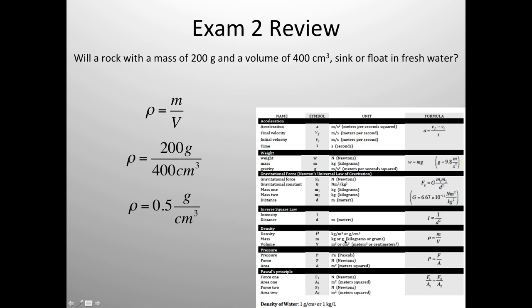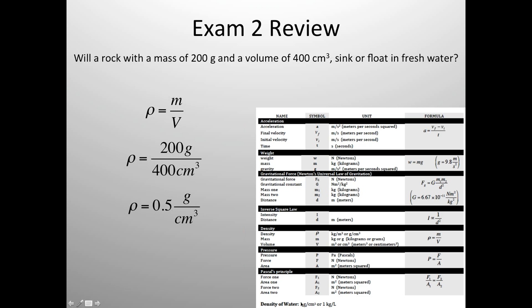And that will depend on if the mass is given in grams or kilograms, or if the volume is given in meters cubed or centimeters cubed. I recommend actually plugging the units into the equation so that it completely eliminates the risk of getting it wrong. If you just plug in those values, then you already have your units right there solved for you. So we ended up with 0.5 grams per centimeters cubed.